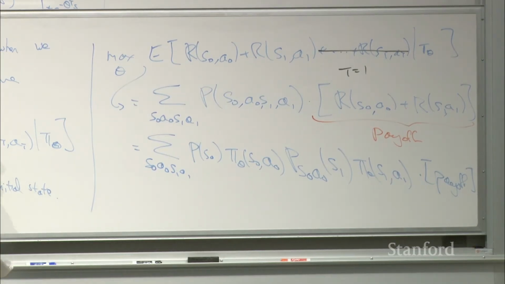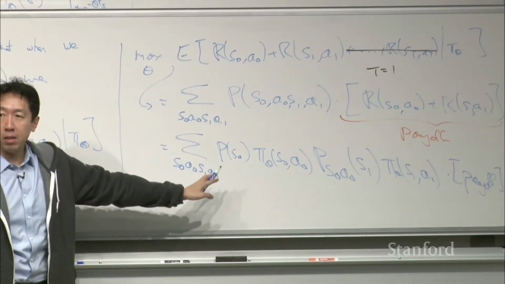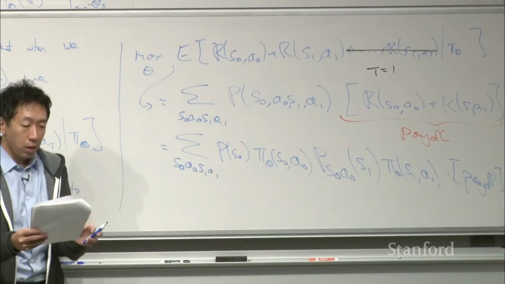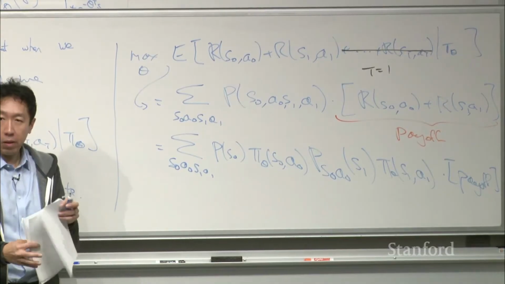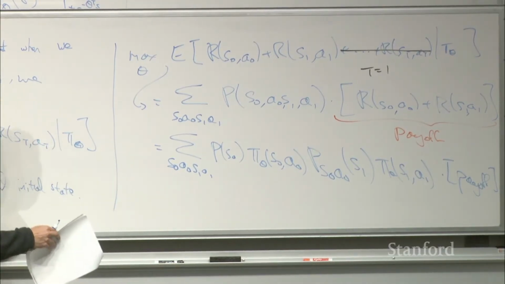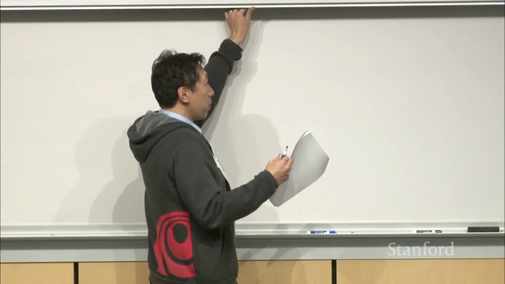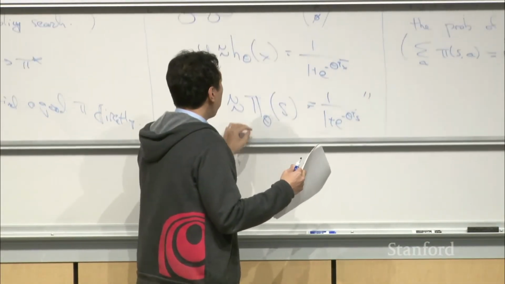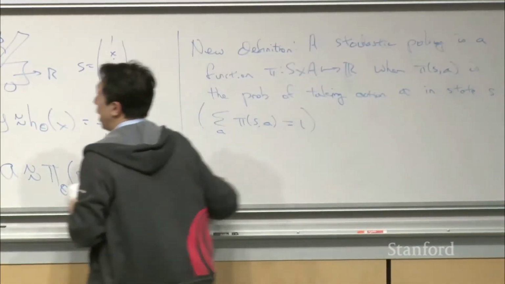And so what we're going to be able to do is derive a gradient ascent algorithm, actually a stochastic gradient ascent algorithm, as a function of theta to maximize the expected value of this thing. And this is how we'll do direct policy search. Okay? So let me just write out the algorithm, and then we'll go through why the algorithm that I write down is maximizing this expected payoff.